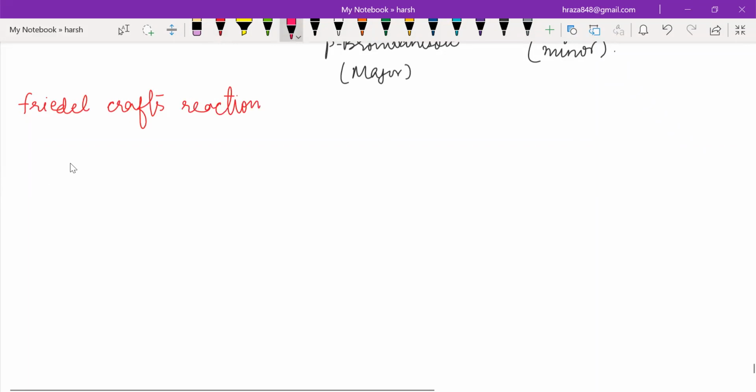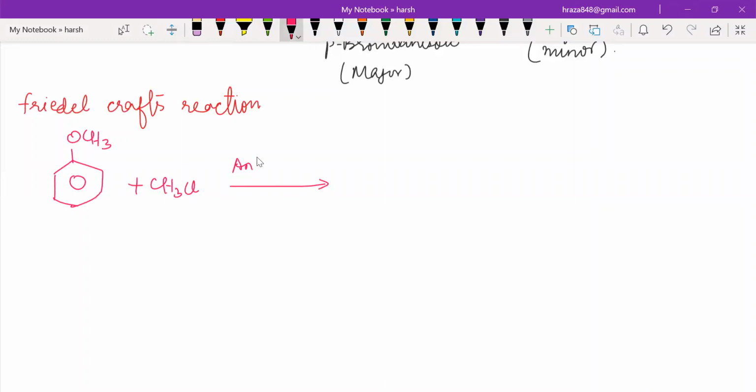So we are again going to take this anisole, OCH3, and we are going to react this with CH3Cl in the presence of anhydrous AlCl3 in carbon disulfide.